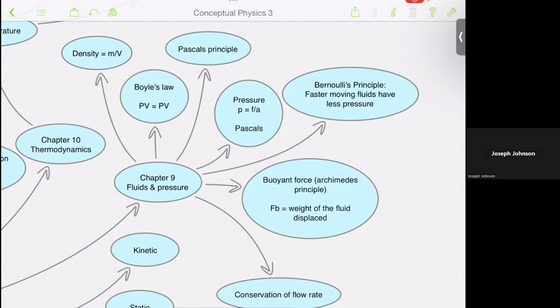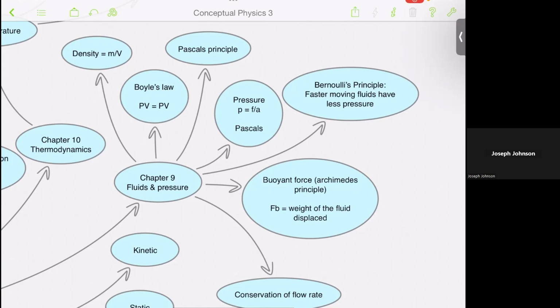It's only displacing enough fluid so that the fluid displaced weighs the same as the object itself. If I push that object under the water, the weight of the fluid displaced would be bigger than the weight of the object itself, and it would float to the top.